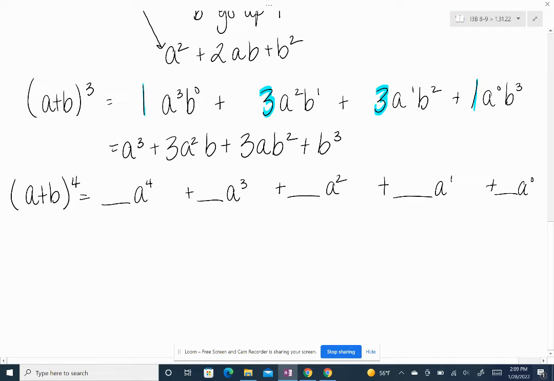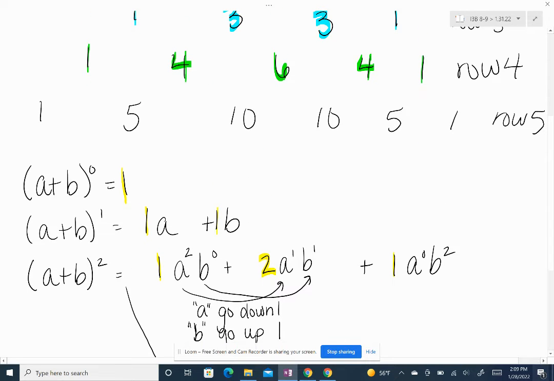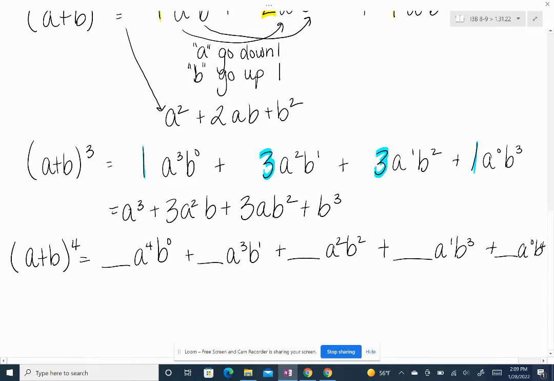Okay, now we're going to do our b's. So starting off 0, 1, 2, 3, 4. Oh boy. Okay, so now is when we can do our Pascal's triangle. So 1, 4, 6, 4, 1.